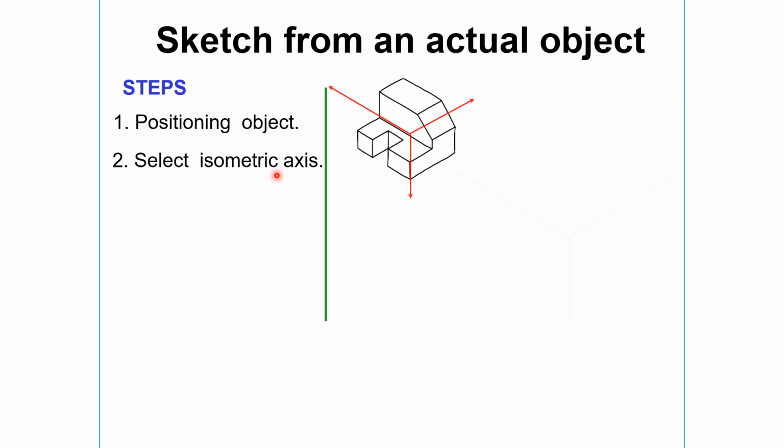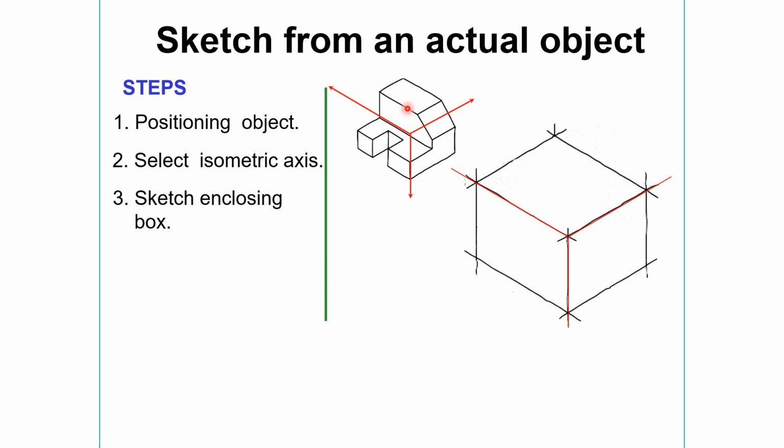Select the isometric axis; here the top will come. Now the third step, the isometric box. Roughly this is the width, length and height of this object. So that is the isometric box.